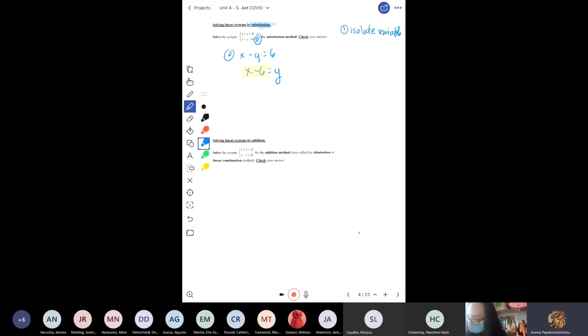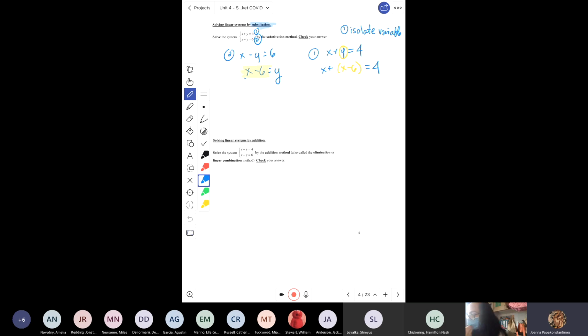So at that point, I would come into equation 1, and I would substitute that expression in for y. So everywhere I see a y, I'm going to substitute in its equivalent expression, x minus 6. Does everybody see how I just took out the y and I substituted in what I found y to be?